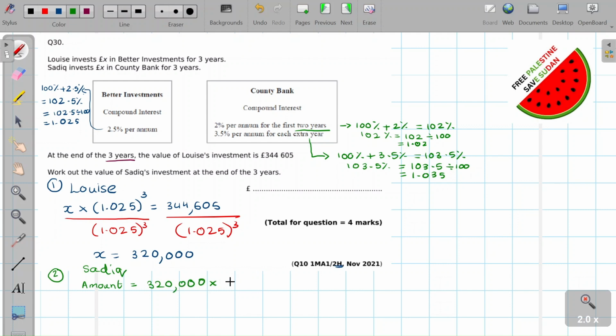Multiplied by 1.02 whole squared, because it's 2 years. So 320,000 multiplied by 1.02 squared is 332,928.